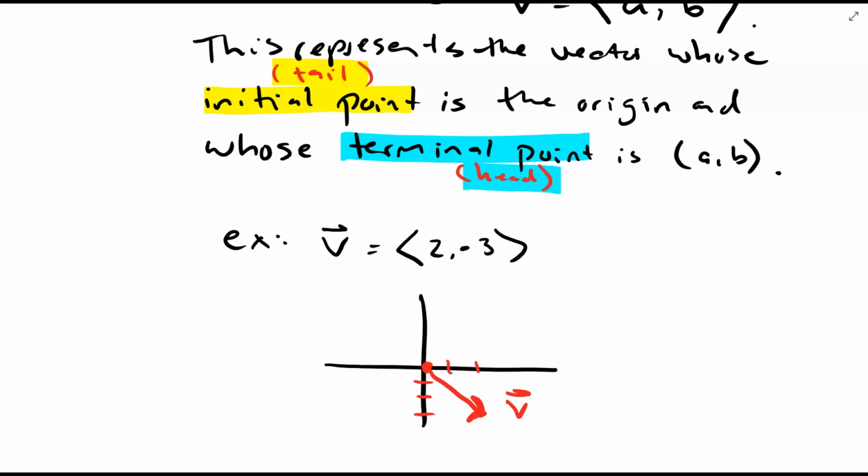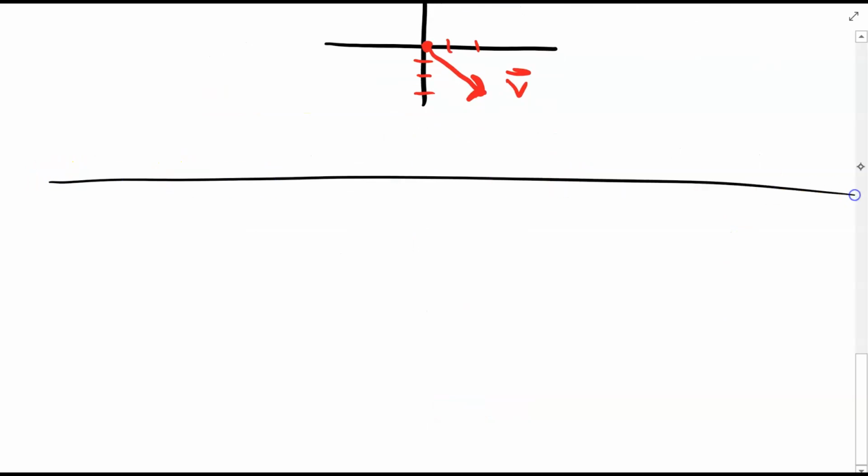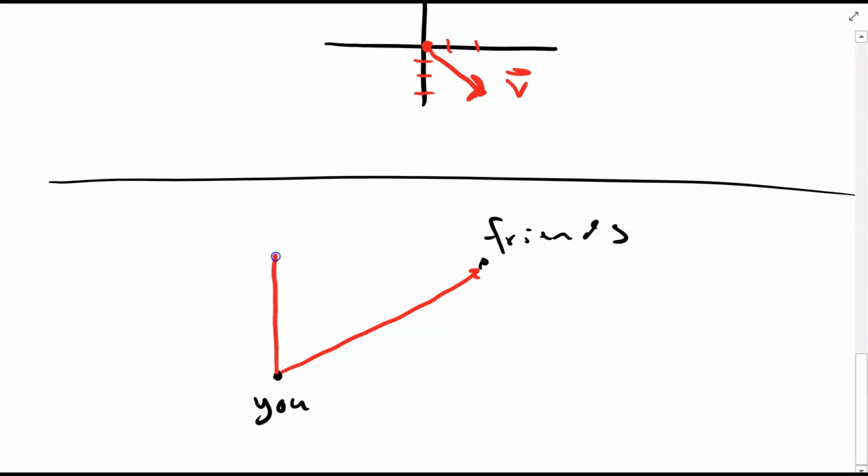The way I'd like you to think about it is, let's say your house is here and your friend's house is here. One way you could go to your friend's house is to take a direct path. The other way you could do it is you go up and then over.